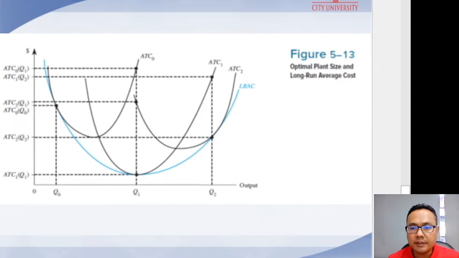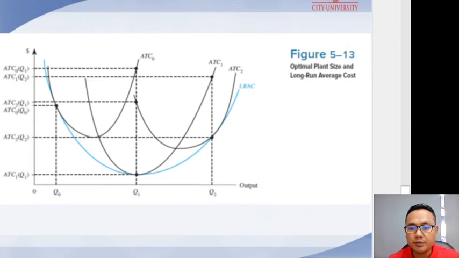So in the short run, if a firm increases output to Q1, it cannot adjust the fixed cost, and thus average cost rises to ATC0 times Q1. In the long run, however, the firm can adjust the fixed factors. Let ATC1 be the average cost curve after the firm adjusts the fixed cost in the optimal manner. So now the firm can produce Q1 with average cost curve ATC1.